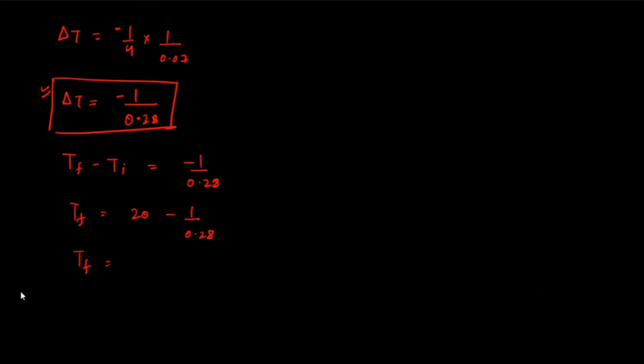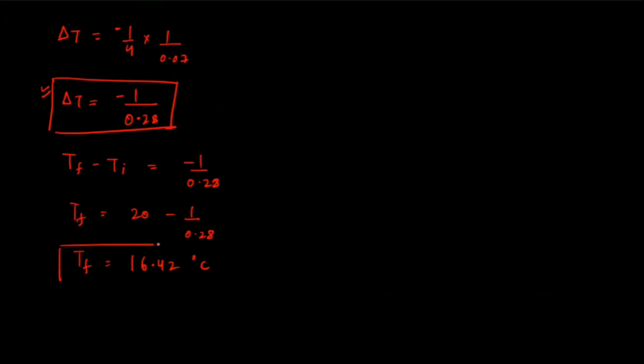So you can simply solve this particular relation to have the value of final temperature, which is going to be around 20 minus 1 over 0.28, which is supposed to be 16.42 degrees Celsius.